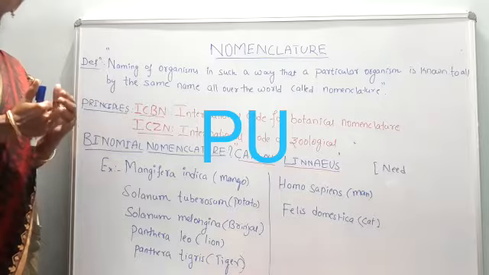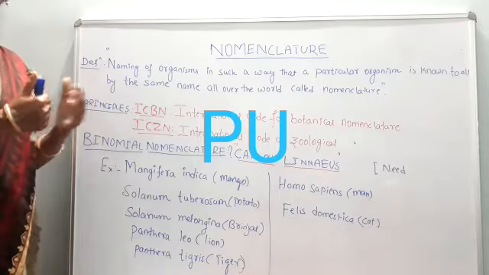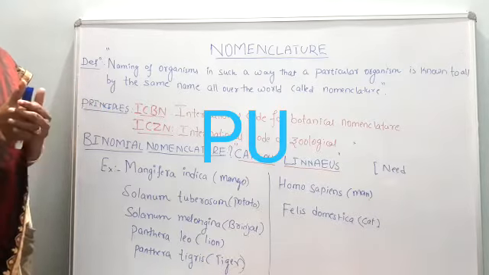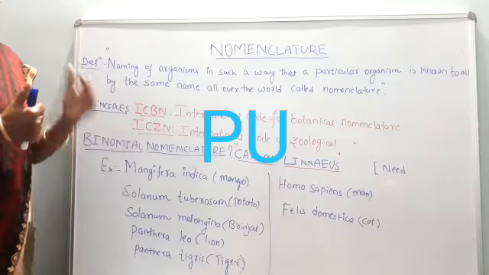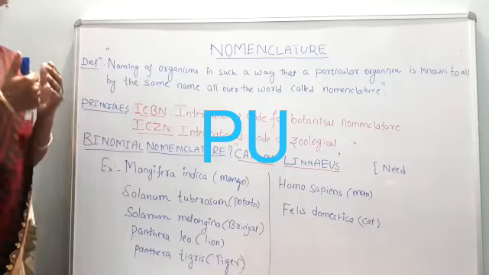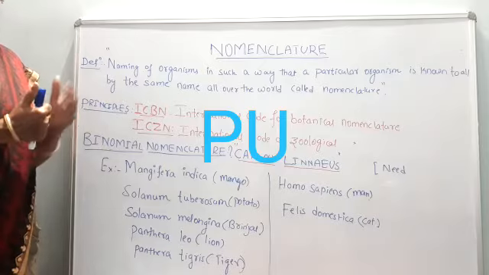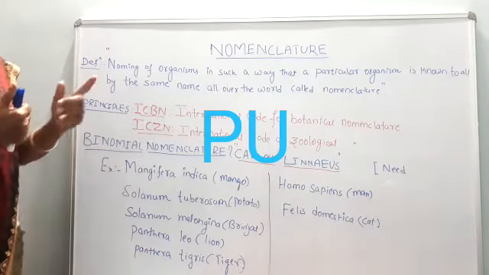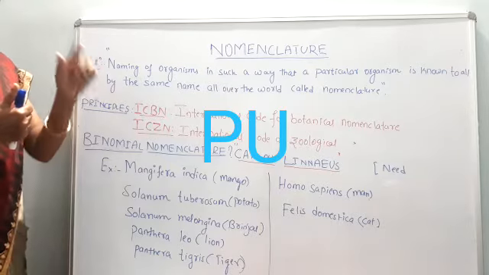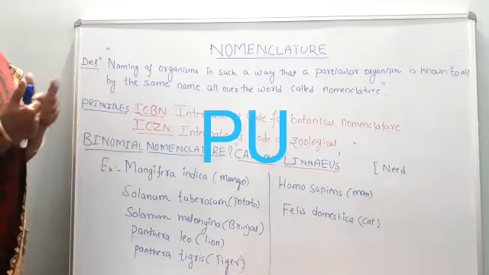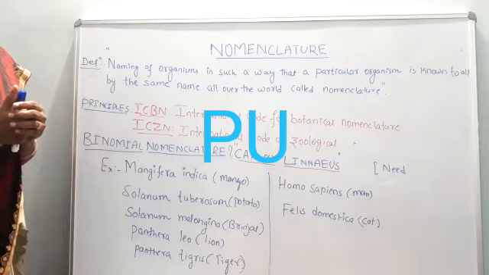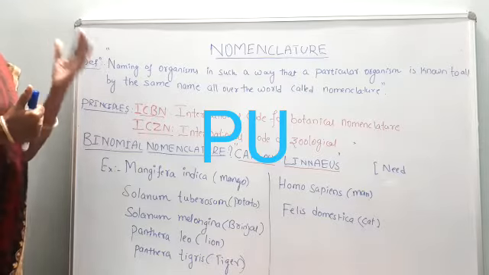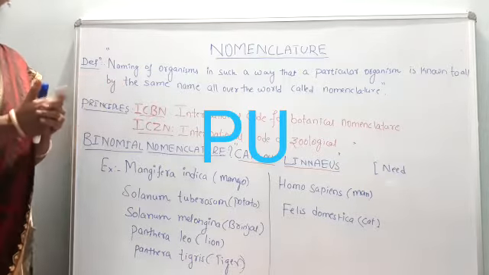Organisms are also named with different local names, and that creates confusion among people. To avoid the confusion, scientists developed one universal name for each organism, either plant or animal. The local name may vary from place to place.